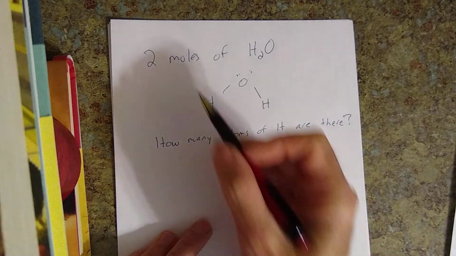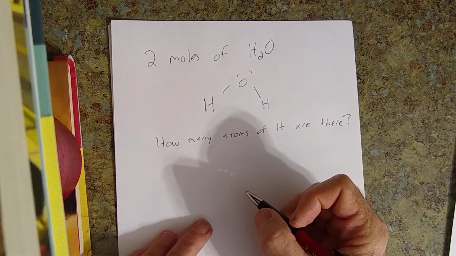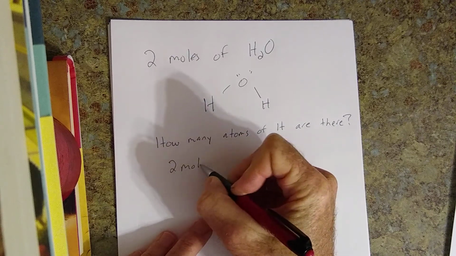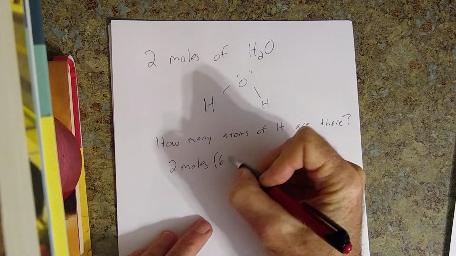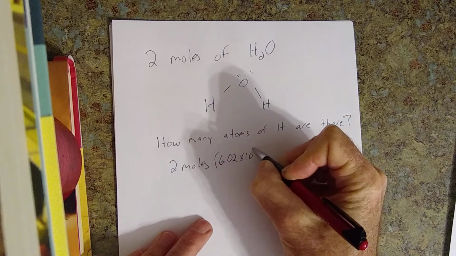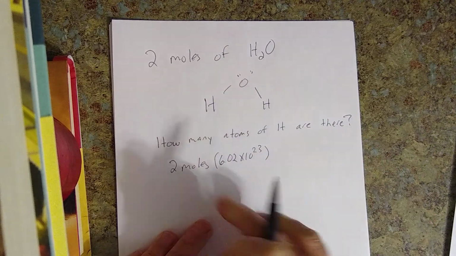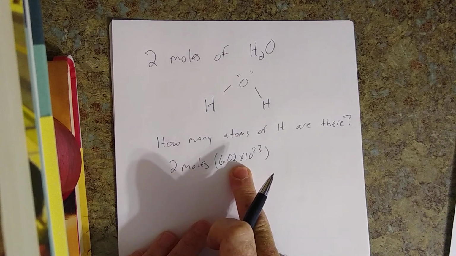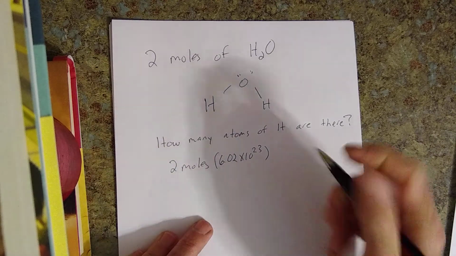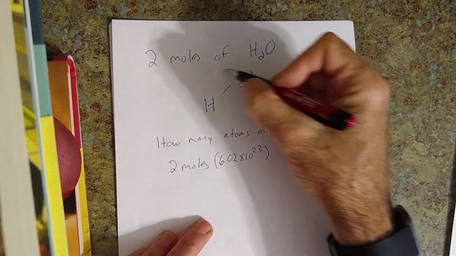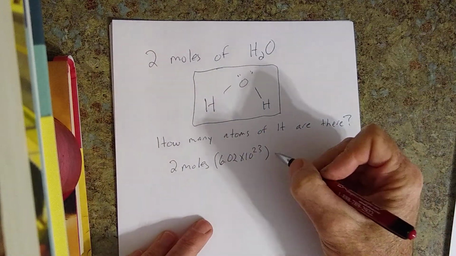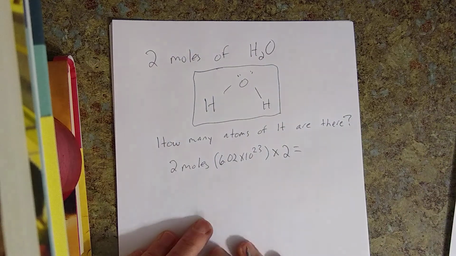Well, 2 moles of water. So you have 2 moles. And there are 6.02 times 10 to the 23rd molecules of water in every mole. And on every one of these, how many hydrogens are there? 2.